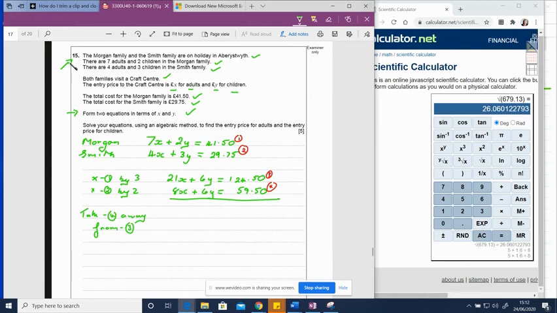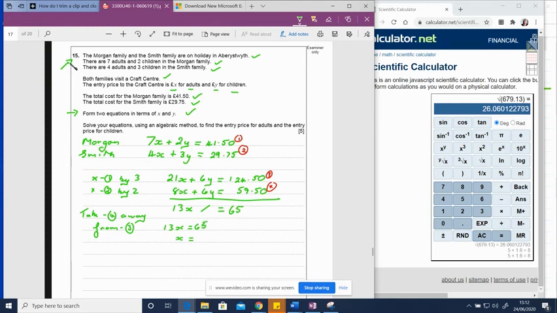So 21X minus 8X gives me 13X. 6Y minus 6Y is nothing. 124.50 less 59.50 is 65. So I can say that 13X is equal to 65. So therefore divide both sides by 13.